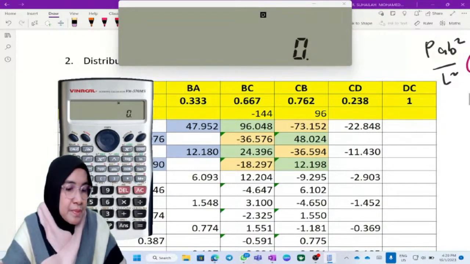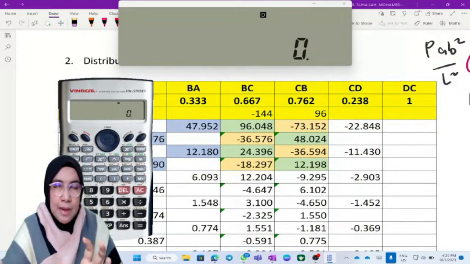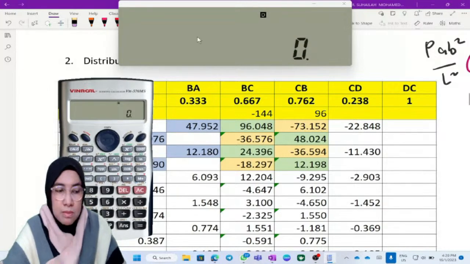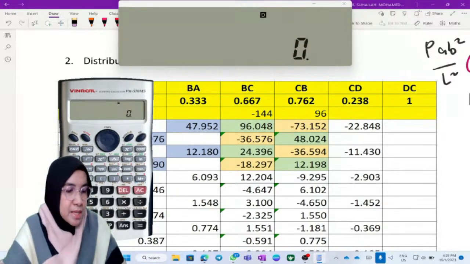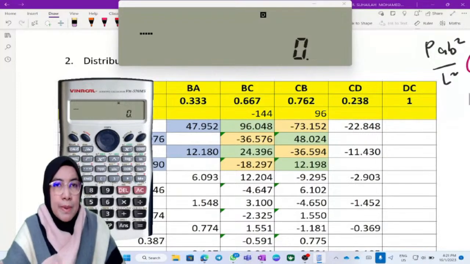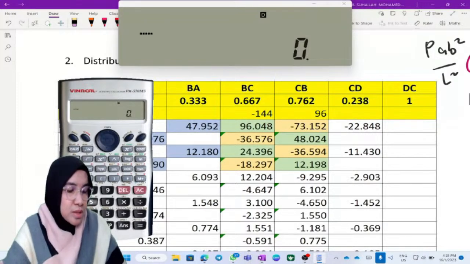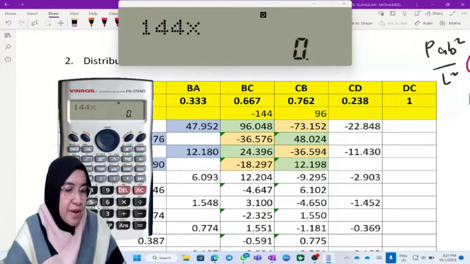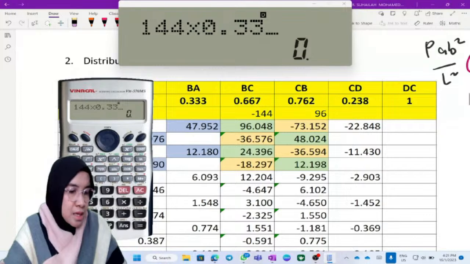So it is BA plus BC, the total moment. BA plus BC is negative 0 plus negative 144. So the total is 144. We multiply with the factor 0.333.